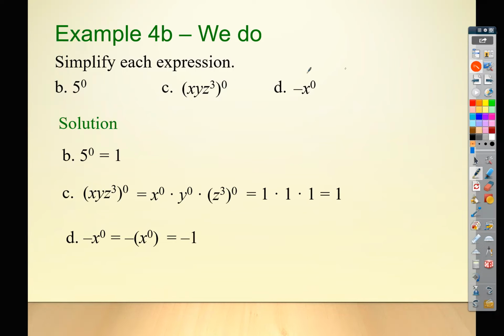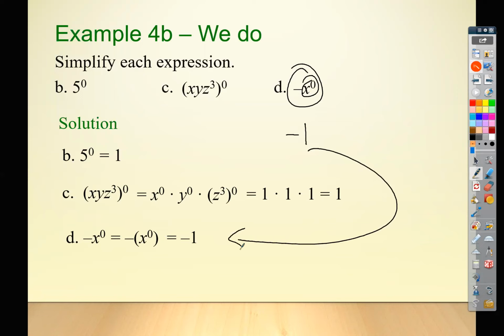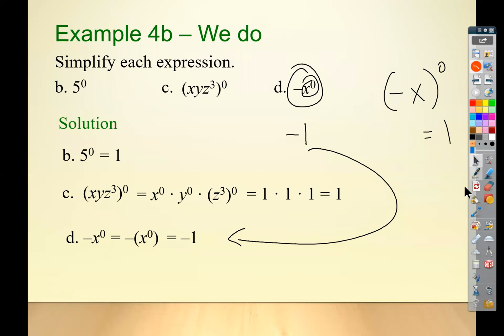Now, I want you to see on D, you have a negative sign out in front, which means that is not included. X to the 0 power is 1, which is why this whole thing is -1. If it had been negative x to the 0, then that would equal a +1. But since the negative sign is not being included with that exponent, you leave it out.